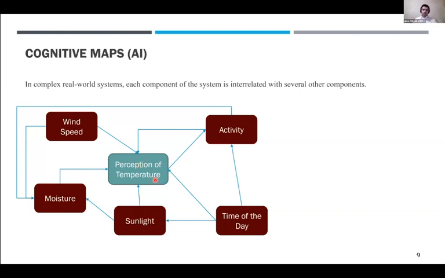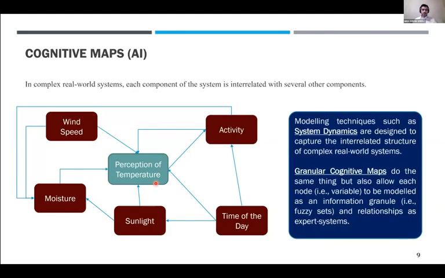To get this more accurately, we have to see all of these factors and their interrelationships. The cognitive map does this for us by modeling these interrelationships between the structures.